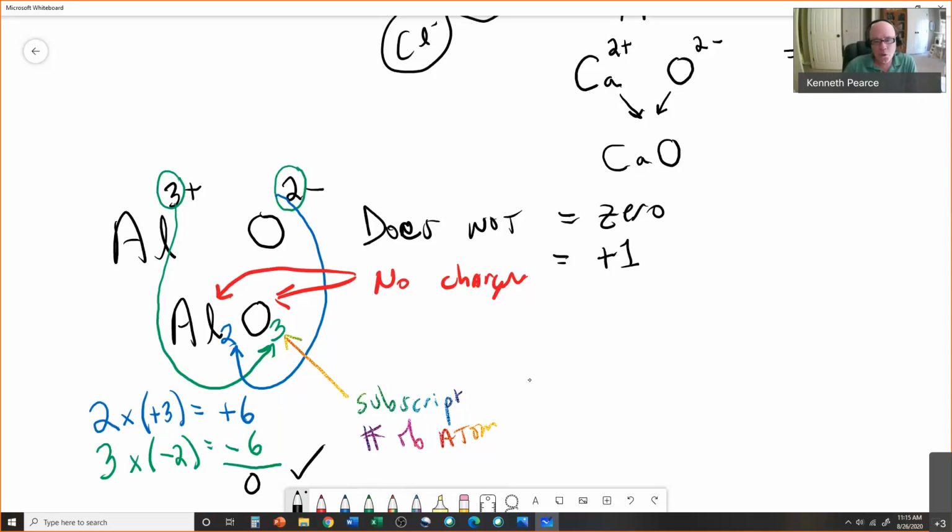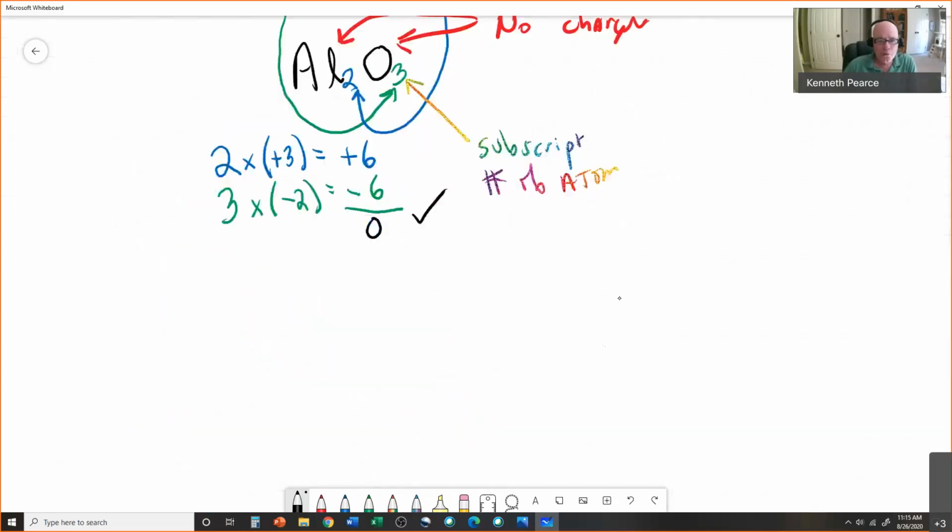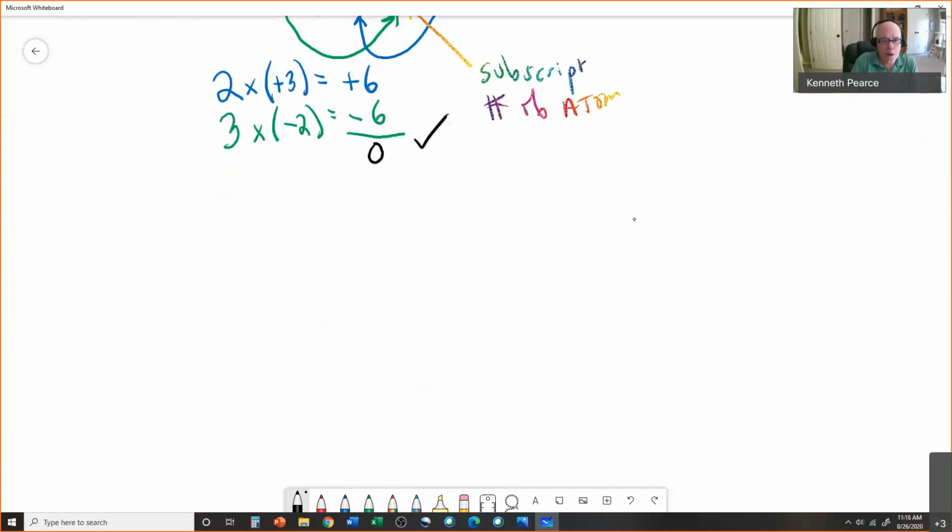Okay, so we're going to cross charges if the charges are not already equal. What we don't want to do is this: let's say we had that original example of calcium cation with the oxygen anion. Well, they already equal 0, so you don't want to cross.